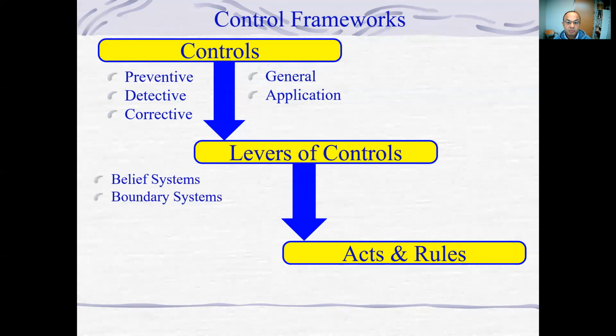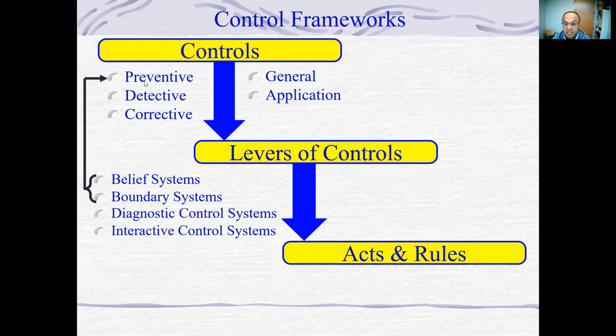Then we will talk about levers of control, belief systems, and boundary systems. And those systems are designed to address the preventive controls. And then we have diagnostic control system and interactive system.